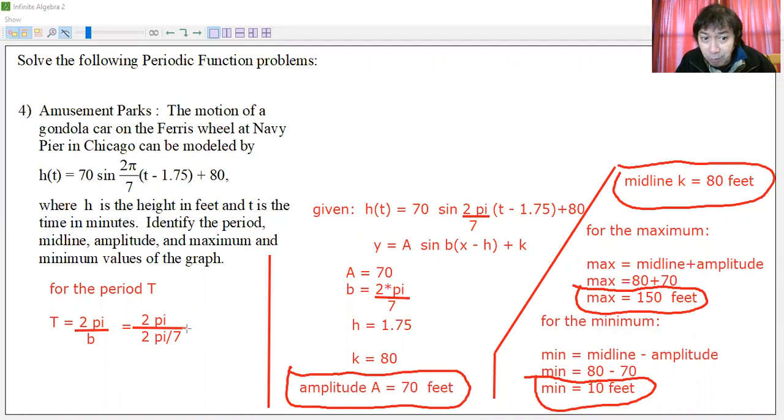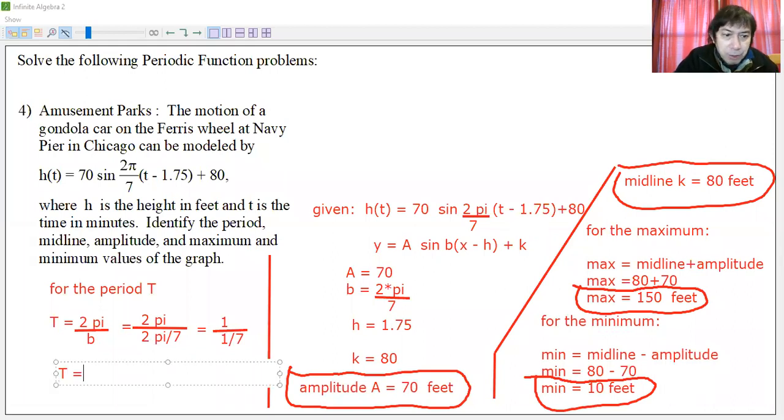We will have 1 over 1 over 7. So this will now be 1 divided by 1 over 7, because the 2 pi cancels out with the 2 pi. What is left in the expression will be just 1 and 1 over 7, which gives us 7, the final answer.